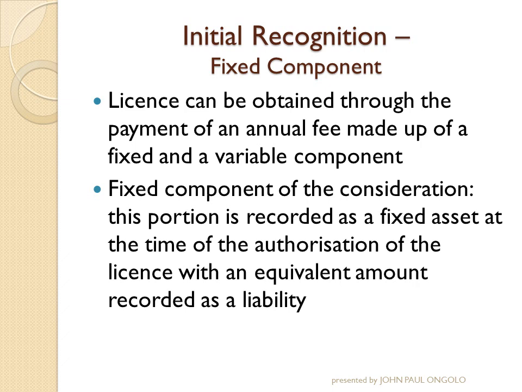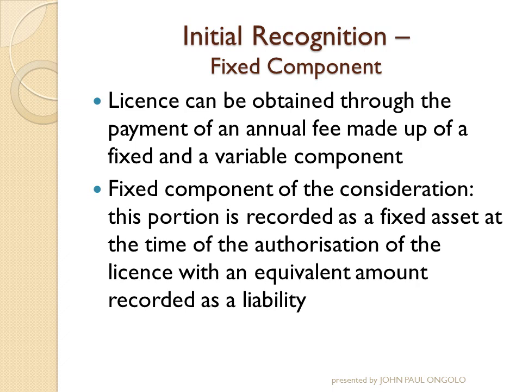Hence, that fixed asset will be recognized under account 2122 license, and the double entry is to recognize an equivalent amount as a liability due to the license that has been obtained.